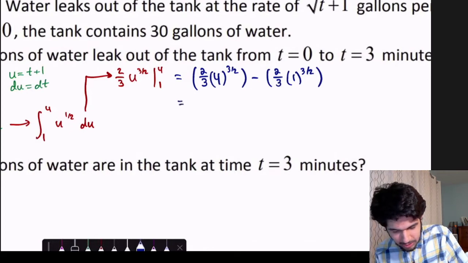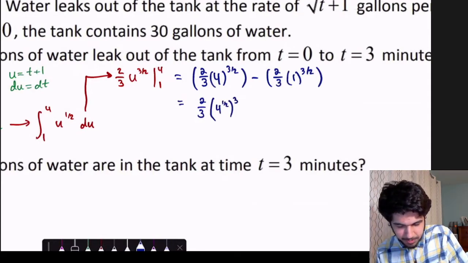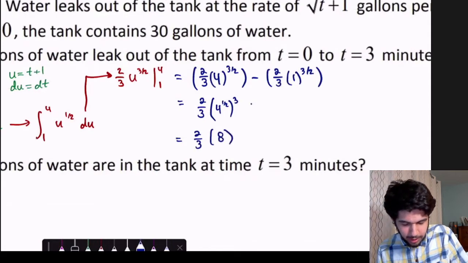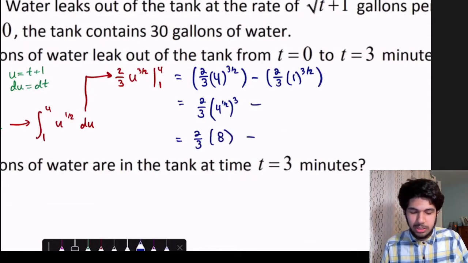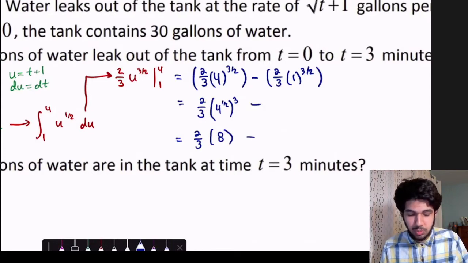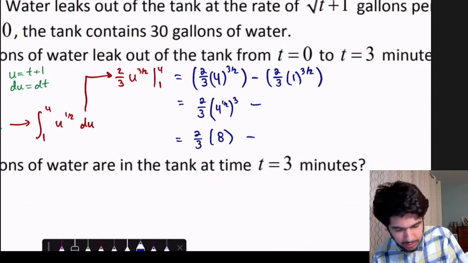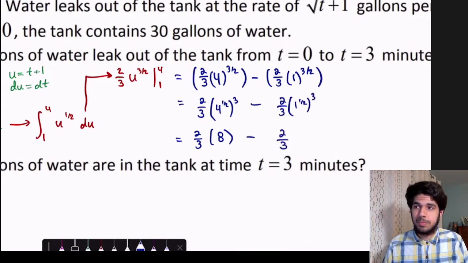So this is equal to 2/3, I'll just write it out, 4 to the 1/2 cubed, and that's equal to 2/3 times 8, and we're subtracting, so 1 to the 1/2 power is 1, 1 cubed is 1, so that stays the same, 1 to the 3/2 is 1, and then 2/3 times 1 is 2/3, so this would be minus 2/3.